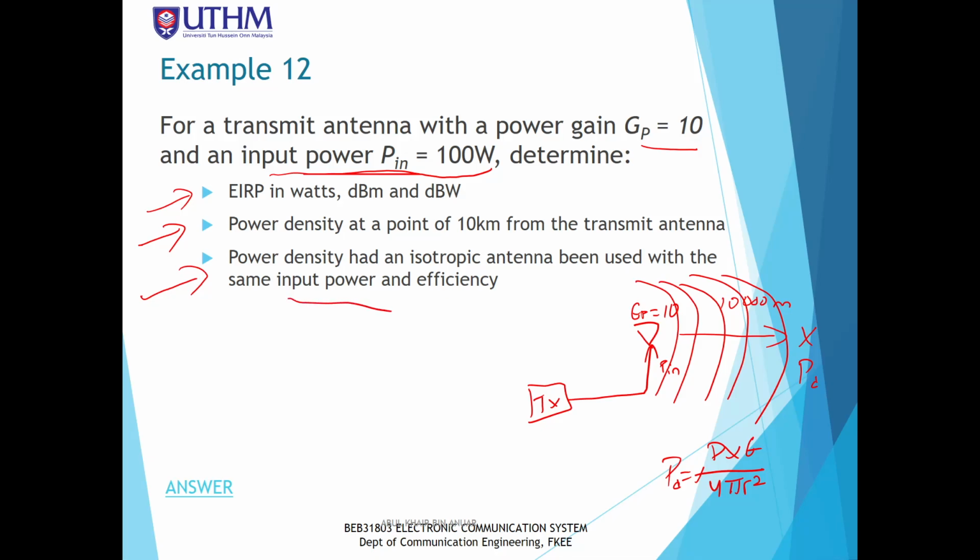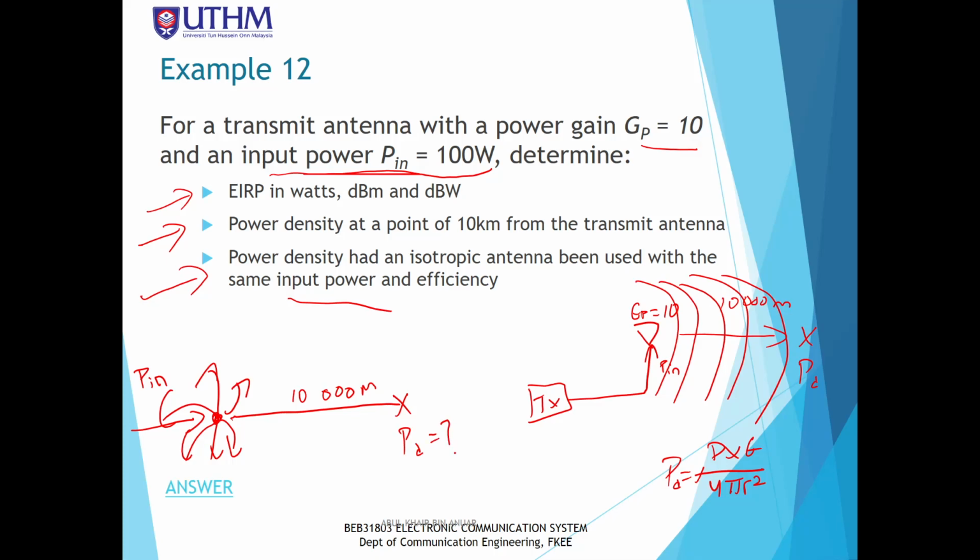Now the question says that if we change the antenna to an isotropic antenna, this isotropic antenna has the same input power, and we want to measure the power density at the same distance, in this case 10 kilometer. So we want to find the new power density. How much?